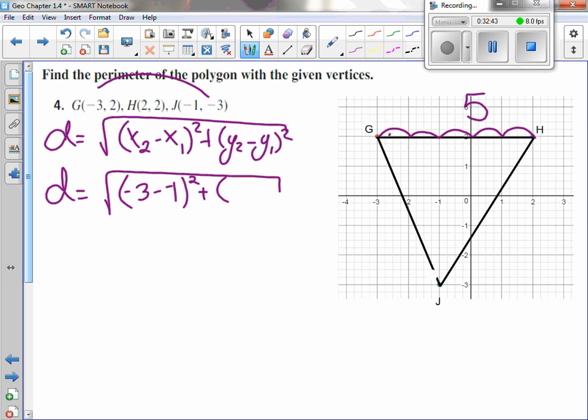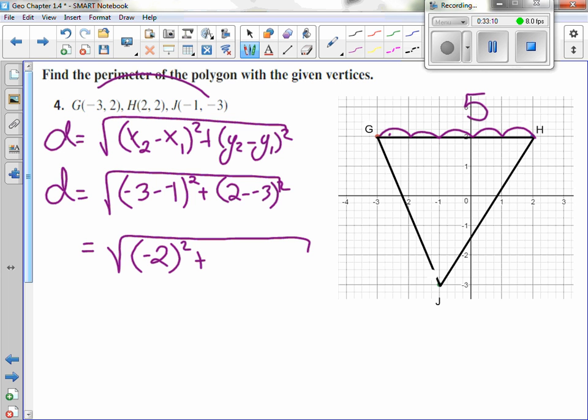Then our y values would be 2 minus -3. And we could rewrite that as addition, or you can leave it as a negative negative. And again, I would type that straight into the calculator. You don't have to simplify it down. Or if you're like me and want to handwrite each step, you can.